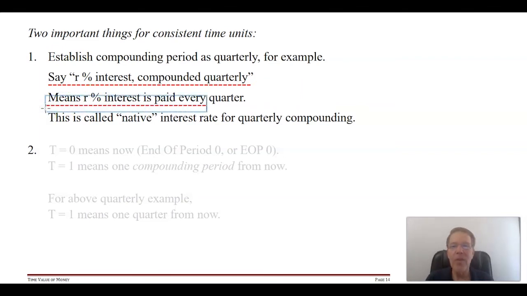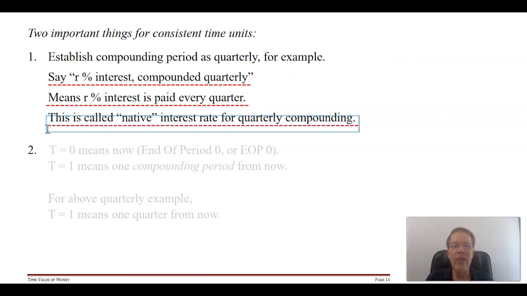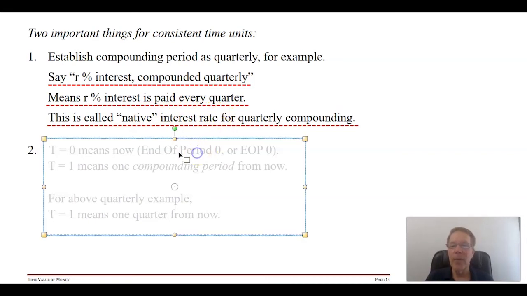It means R percent interest is paid every quarter, not every year, right? And little r here is always going to be called our native interest rate for, in this case, quarterly compounding, if that's the example we're working with, okay? So little r is always going to be our native interest rate. That's our interest rate with the right time units for this problem, okay?